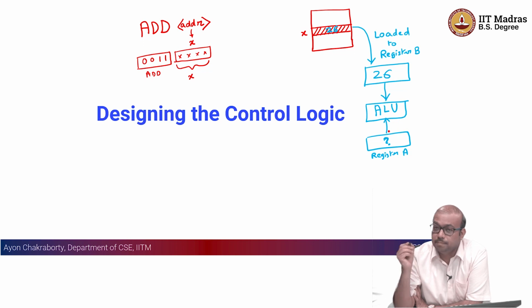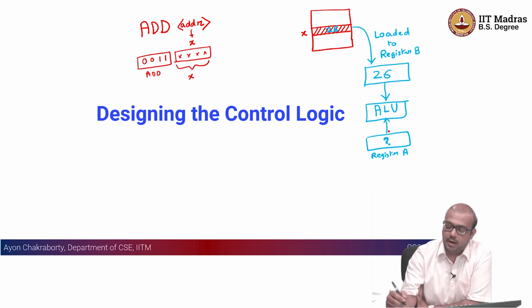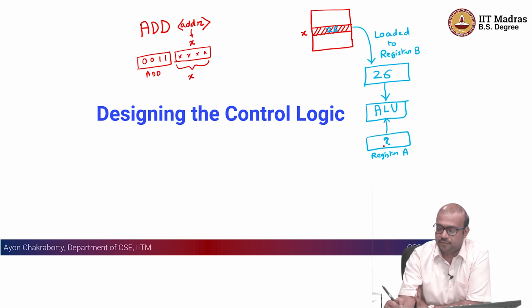Again I am repeating, this is an implicit assumption that whatever was there in the accumulator, add address is going to add this value, in this case 26, to the accumulator. So, if my value in register A is some y, the ALU's output, because register A and register B are connected to the ALU, is going to be 26 plus y.